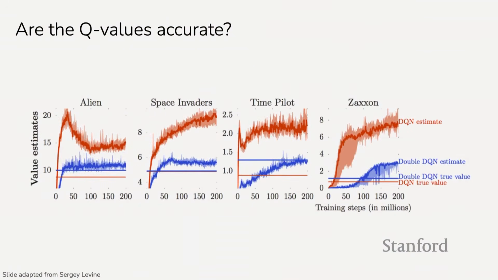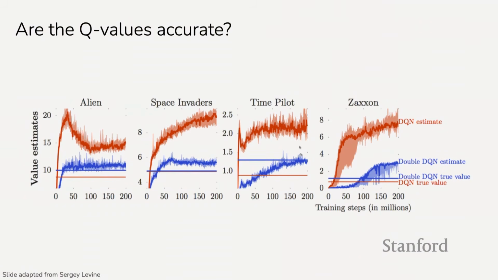But then if you actually plot what the true returns are, shown as this red horizontal line, and the estimate of the values according to the Q network, shown as this upper line, you see a really huge gap, where the estimate is always a lot higher than the true value.